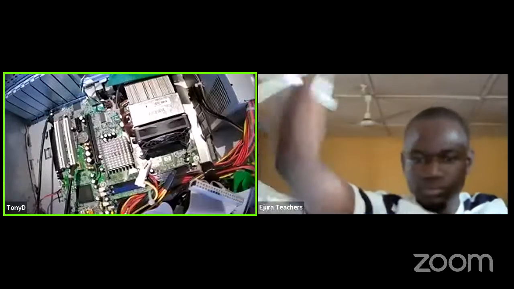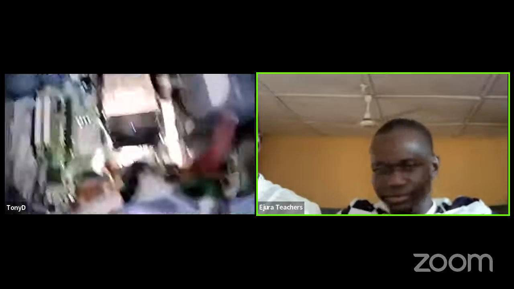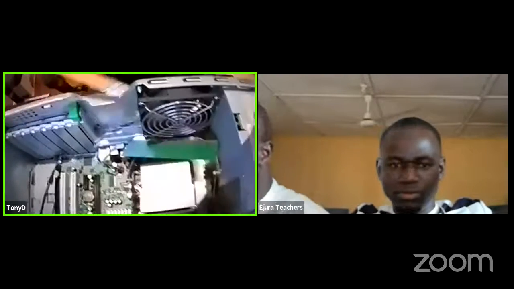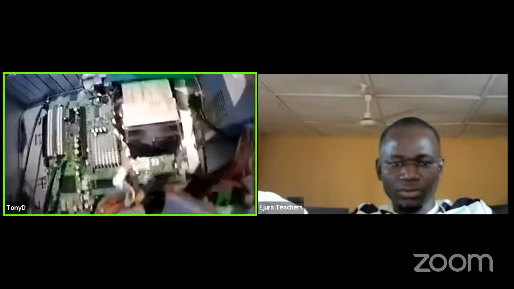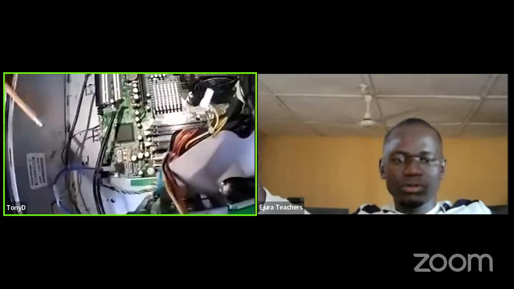So do you all see my computer? This is what I'm saying, this is the tower, the computer case that houses everything in here.